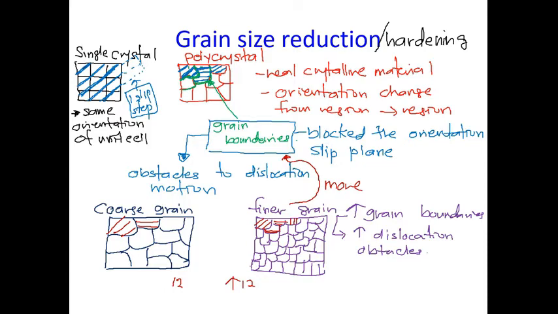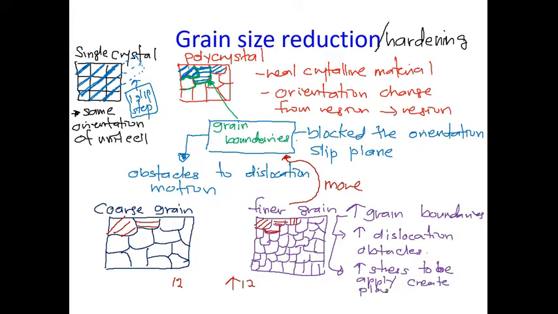So with more grain boundaries, you will have more dislocation obstacles, and you will require more stress to be applied in order for these materials to undergo plastic deformation.